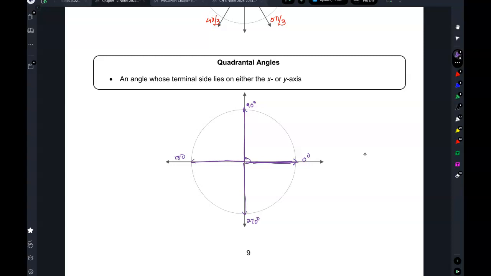In radians, those will be 0 radians, pi over 2, pi, 3 pi over 2, and 2 pi.